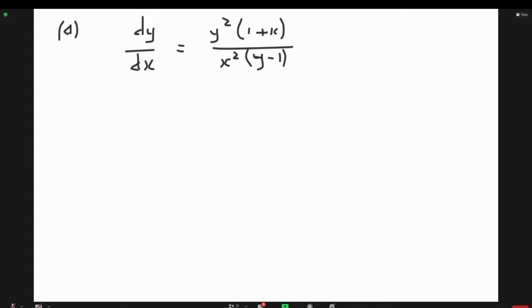Right, so remember, everything with y goes on the left. All right. In this case, we can divide.